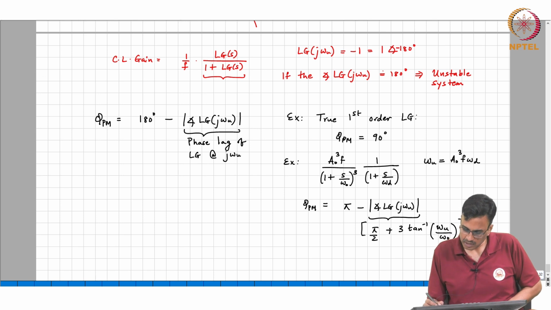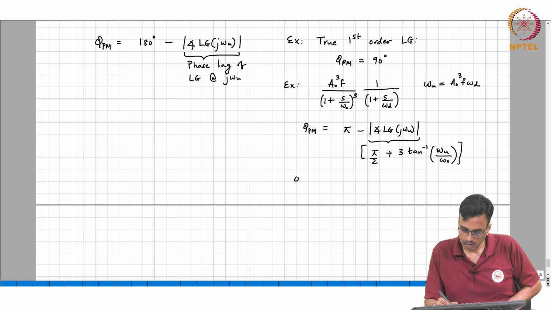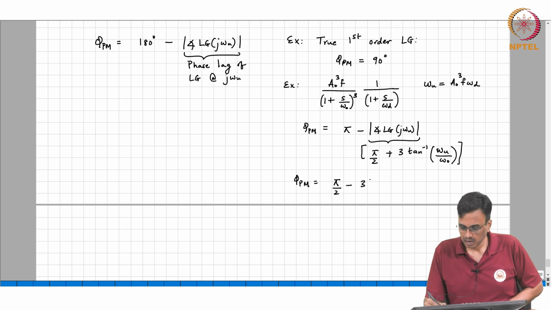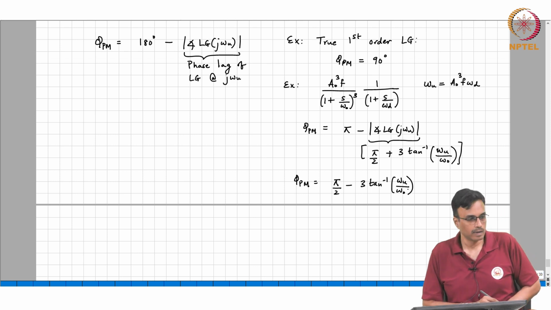So, what is the phase margin? It is pi by 2 minus 3 tan inverse omega u over omega naught. Okay.